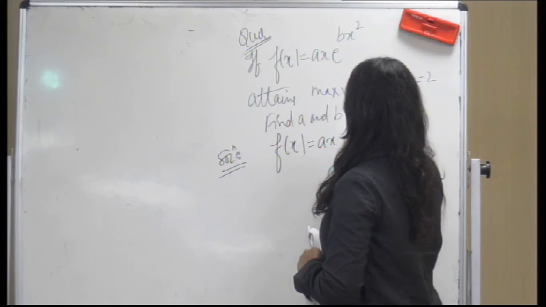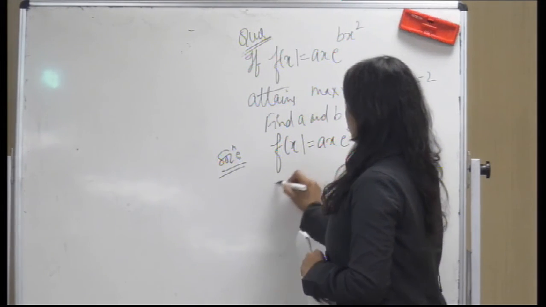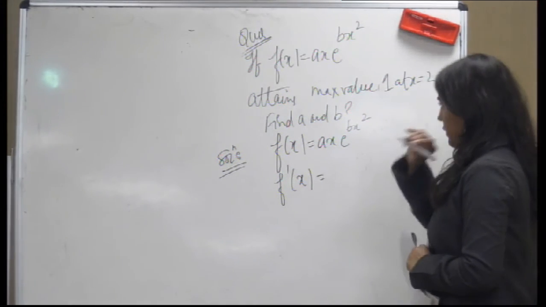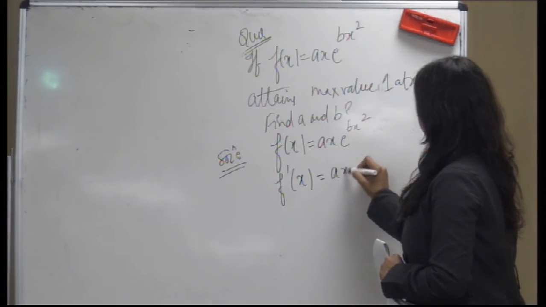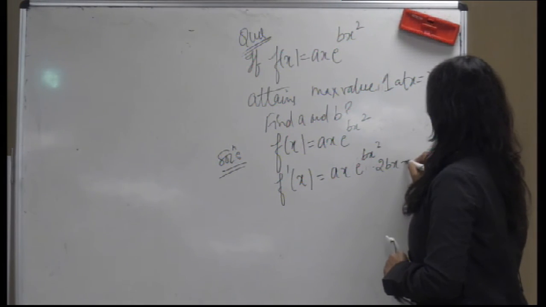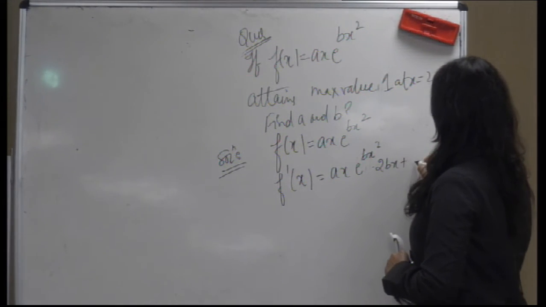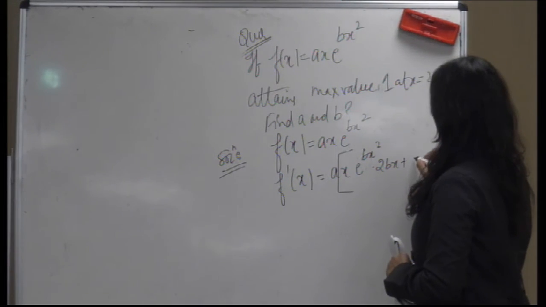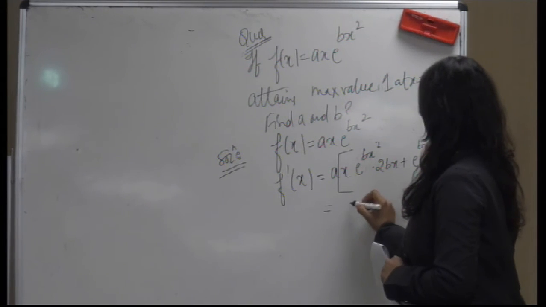Your function is this, the derivative will be e to the power b x square, 2bx, then a I am taking outside, then e to the power b x square as it is. Fine. So this is the derivative.